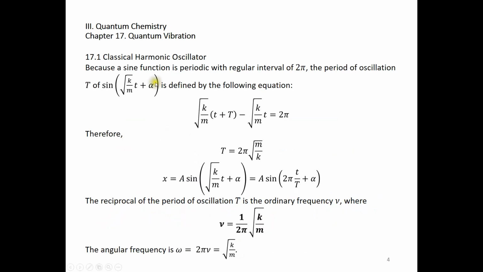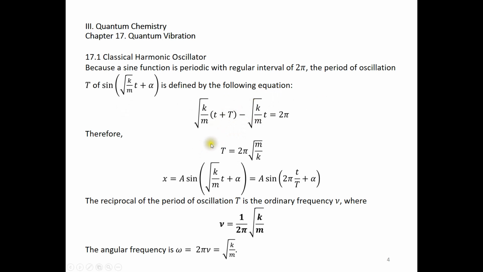Because the sine function is periodic with regular intervals of 2 pi, the period of the oscillation T of this sine function is defined by the following equation. If we increment time t by uppercase T, the difference in the argument should be 2 pi if we're looking at adjacent crests or troughs.